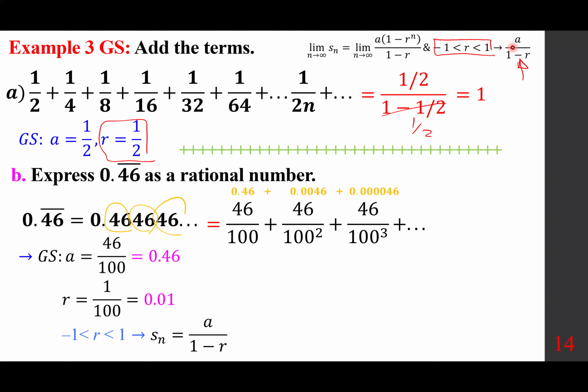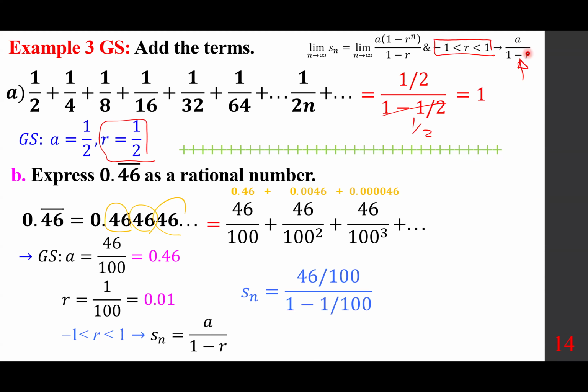Therefore, we can use the formula. So please understand, it's a geometric series with the first term 0.46 or 46 over 100, and because the denominator is getting larger by a factor of 100, r is 0.01 or 1 over 100. So we are going to put a over 1 minus r.